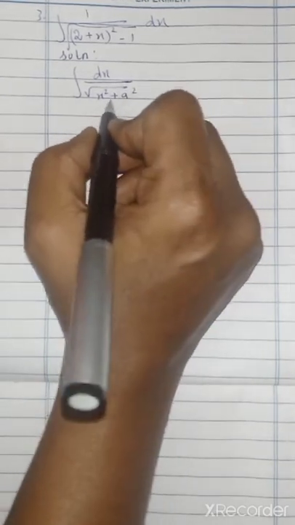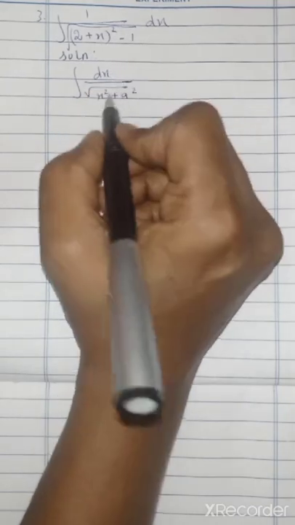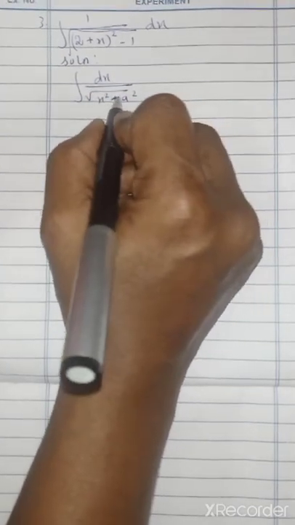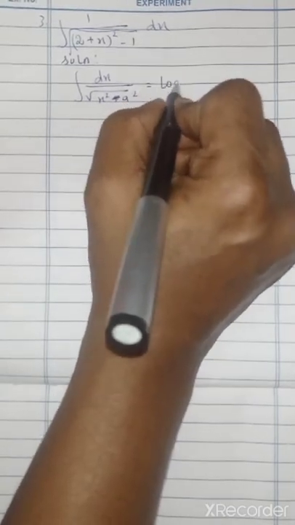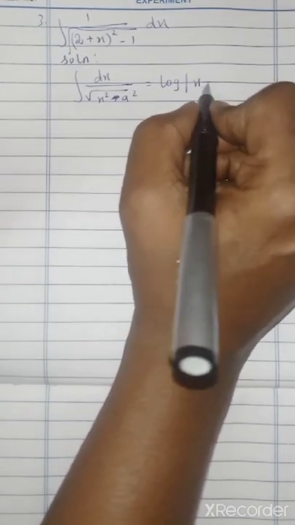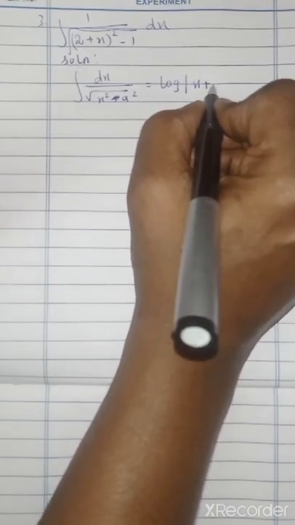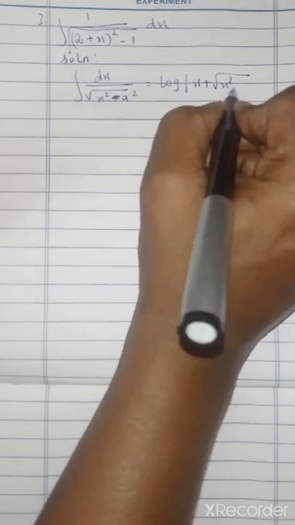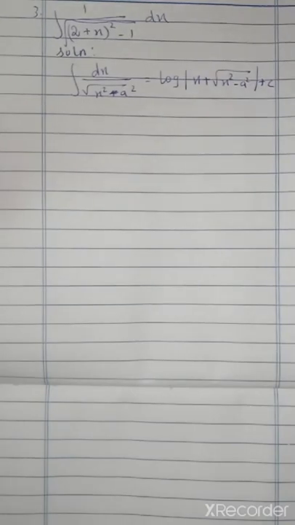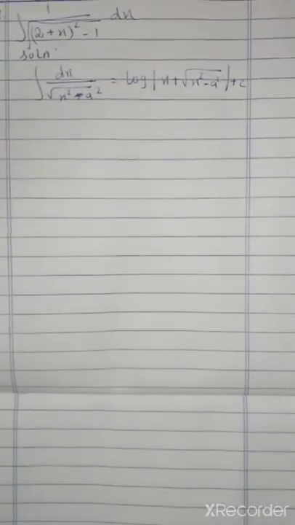Here it is given as minus, no? So x square minus a square formula. What is the answer? Log x plus square root of x square minus a square plus c. This formula we can use.